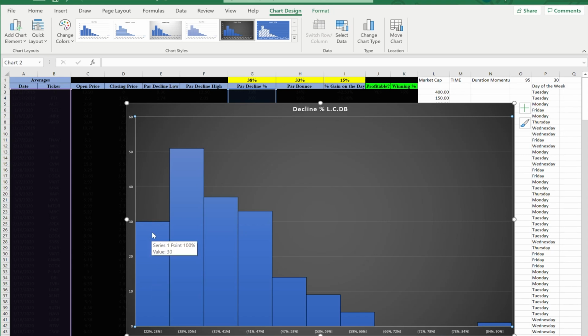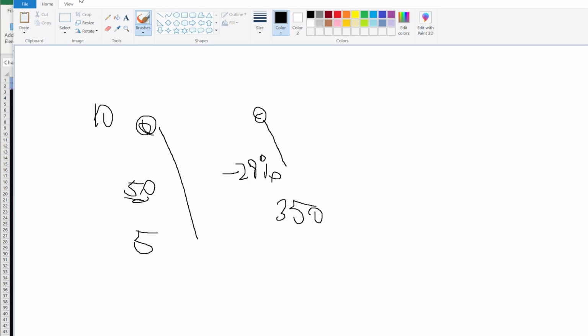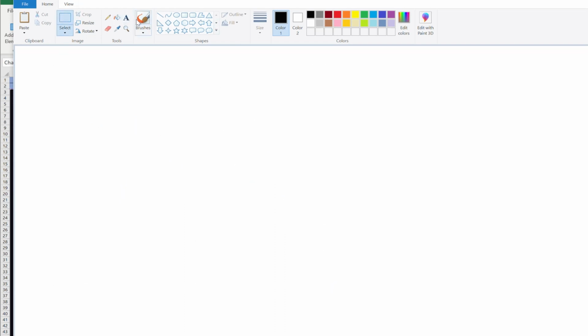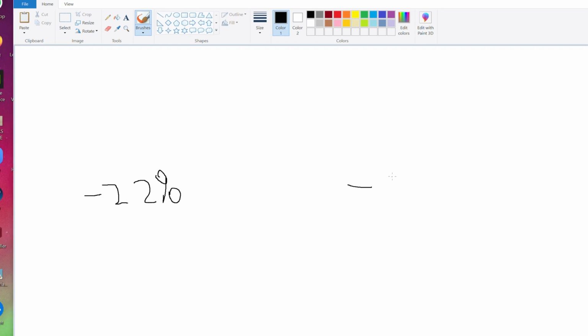Now, also look to the right and to the left. From all of this data, we can say that most of the time a stock drops from 22% to 41%. So on average, we know that we can do this. We just type in these outliers: negative 22% to negative 47%.